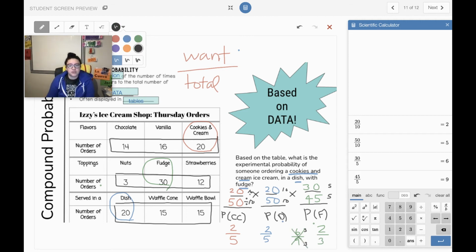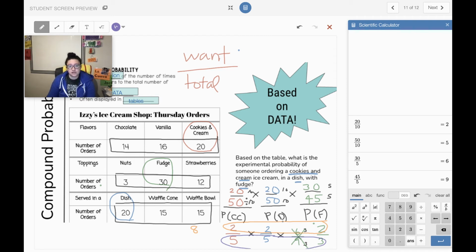Now I'm going to be multiplying 2/5 times 2/5 times 2/3. So if I multiply straight across, what's 2 times 2 times 2? 2 times 2 is 4. 4 times 2 gives me 8. And then on my denominator, what's 5 times 5? 25, like a quarter.